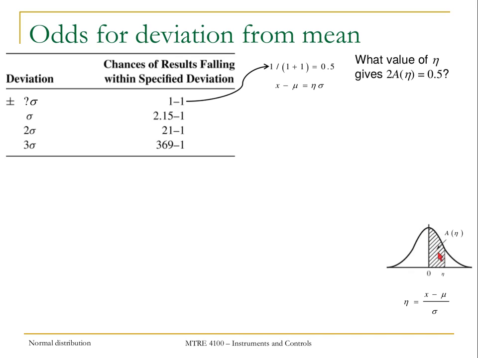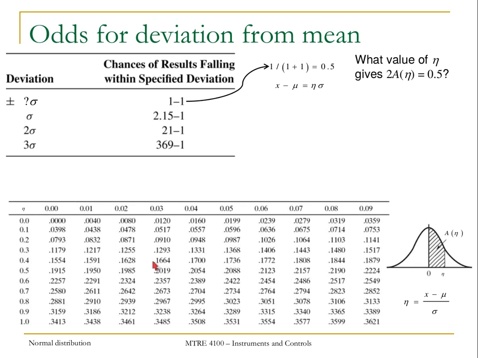So our area is 0.25 because we're looking for plus or minus variations around the mean, and so that would be twice this area. So we want to find what value for eta gives us an integral of 0.25. Here is our table, and we want to find 0.25 in that table. So the integral value is between these two.